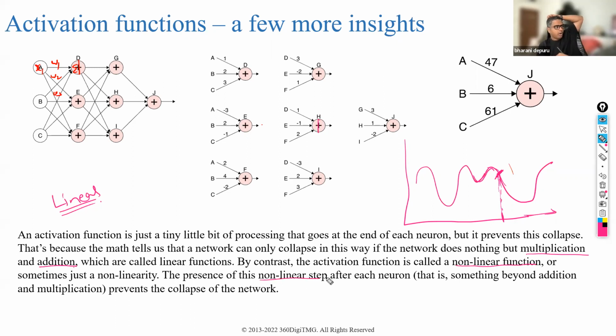The moment you have a non-linear step, your network will not collapse. Network collapsing means it reaches a single point and your algorithm will not learn any further. It will stop there.